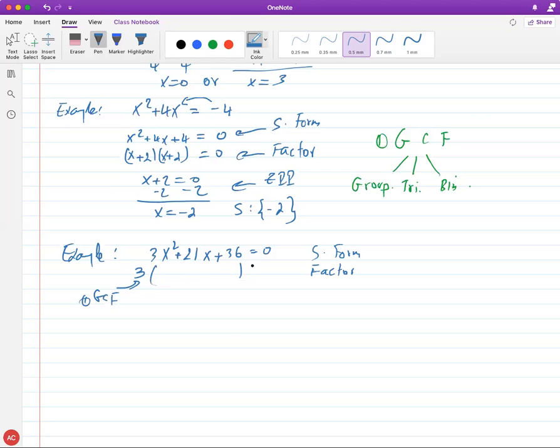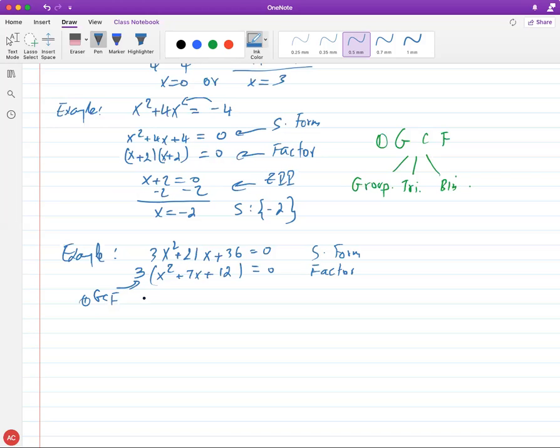Open the parentheses. And what do we do with these and the GCF? We will divide all of them by 3. So 3x to the second divided by 3, and 21x divided by 3, and then 12 divided by 3. So we get x squared plus 7x plus 12. Good, so we did GCF.